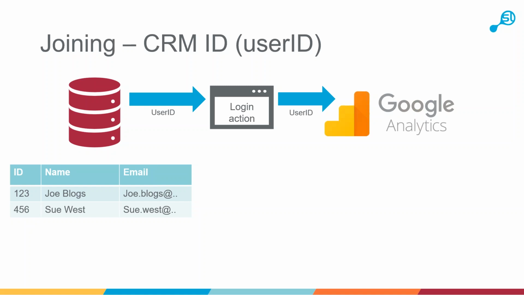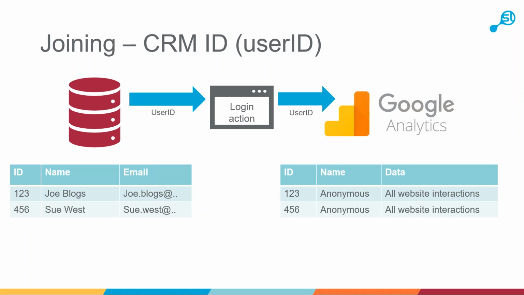So that then we have the user ID in both of these systems. So there you have it in terms of anonymized data. We have these IDs with all this web interaction data against IDs that are the same as those that exist in your CRM system, that can be joined later.